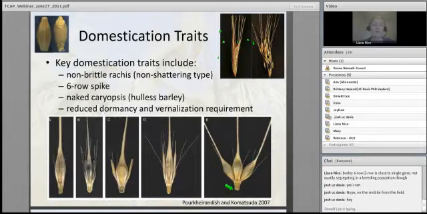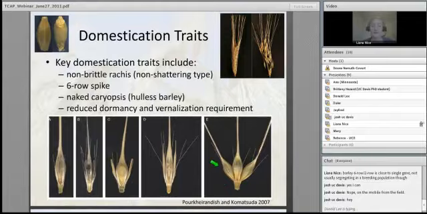These are modern cultivars. 6-row spike is another domestication trait. In E, you can see the 3 spikelets are all fully developed, as opposed to a 2-row type, which has the lateral spikelets as infertile. Hulless barley is another, up in the left corner, though it is less common in Western barley varieties, though it does still occur somewhat in Asia.